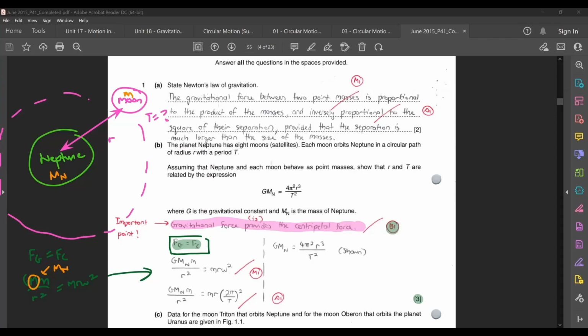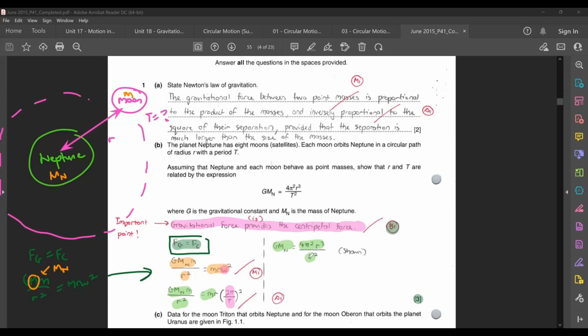So you write it out: G M_N m over r squared equals m r omega squared. Then you substitute omega to become 2 pi over T. From there, you just proceed with your derivation. Eventually, you get G M_N equals 4 pi squared r cubed over T squared. This is the derivation part for Kepler's third law.